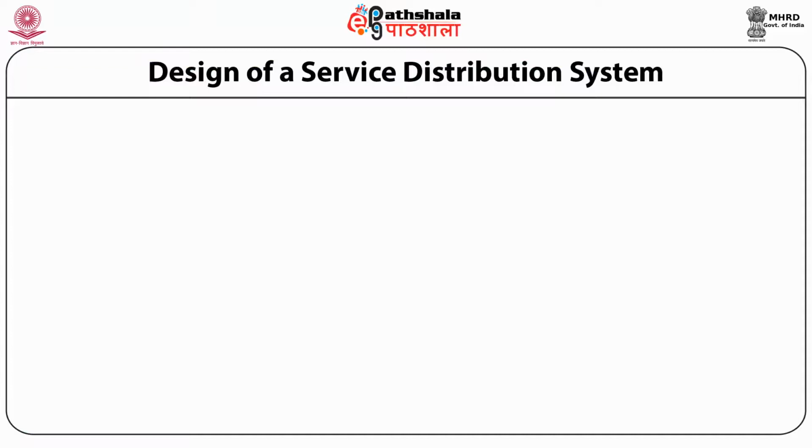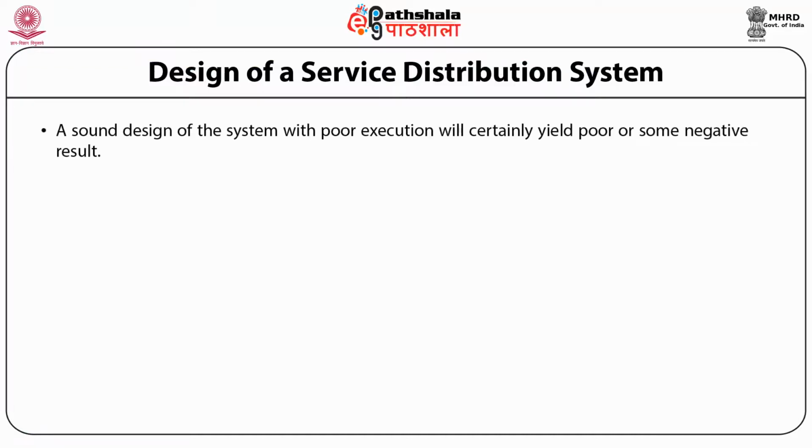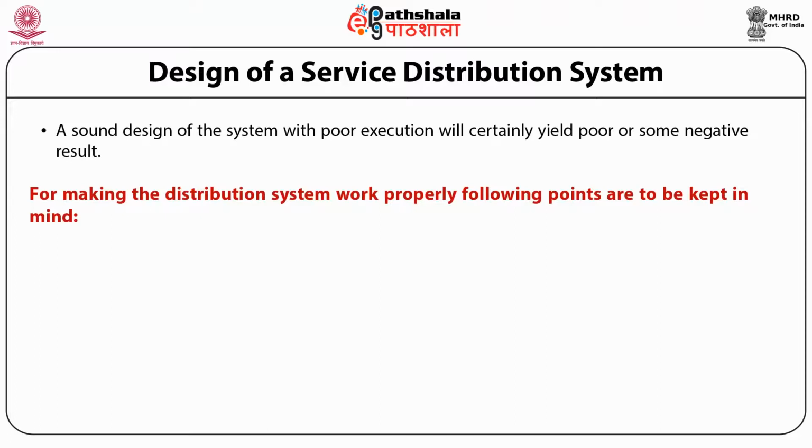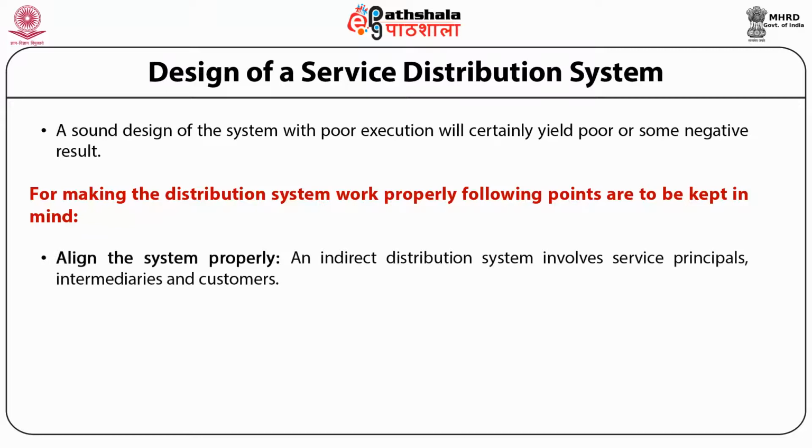Design of a service distribution system. A sound design of the system with poor execution will certainly yield poor or some negative result. For making the distribution system work properly, the following points are to be kept in mind. First point is align the system properly.